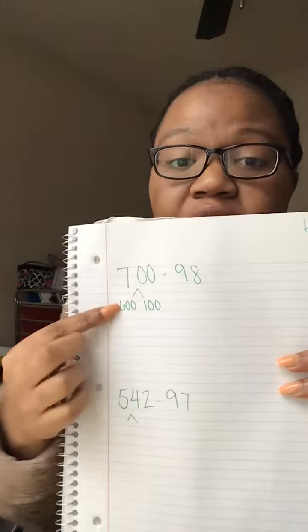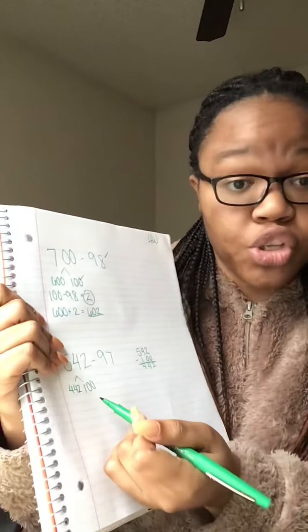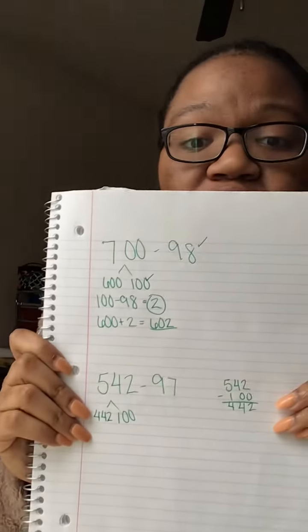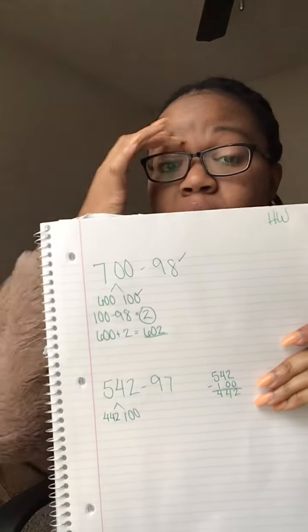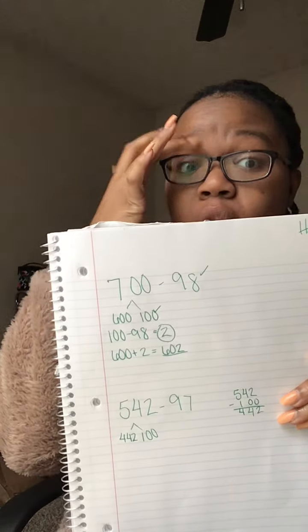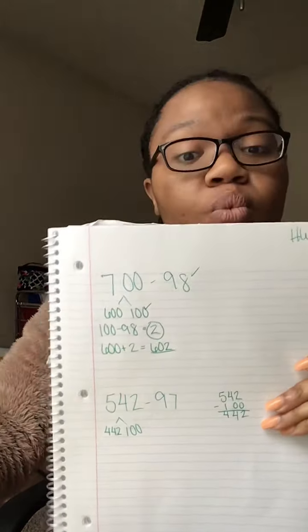Right here. Alright. So, we broke apart that 542 because remember, we want that 100 by itself because we are subtracting 97, like these big numbers that are close to 100. So, we want to make sure that's easy on us, okay? Because we can't subtract 100 minus 97. Or you can think of it like this. 97 plus what will give me 100?